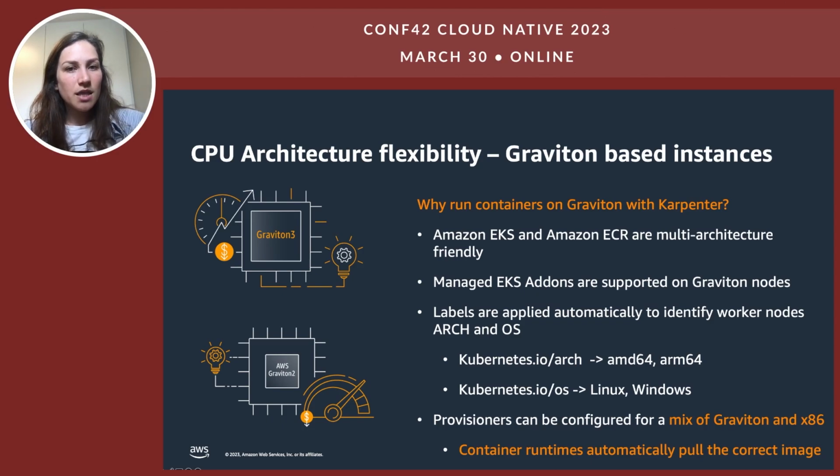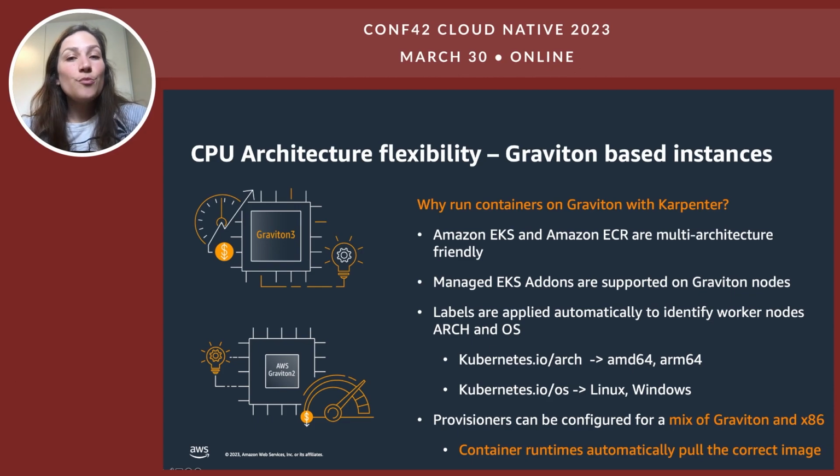The list price is usually around 15 or 20% less than the equivalent x86 Intel instances, and you can gain a lot more performance benefit depending on the use case. Graviton processors also provide improved system sustainability, up to 60% more energy efficiency than the comparable x86 instance processors.